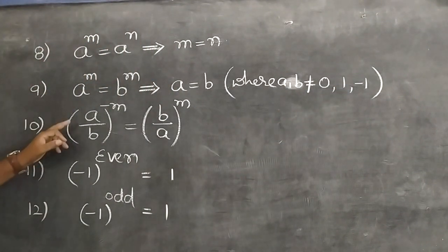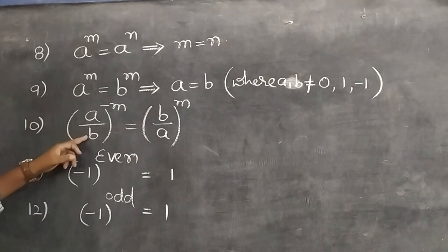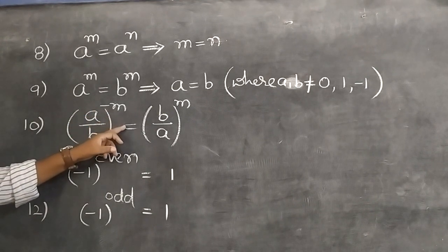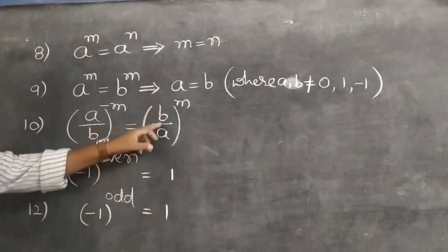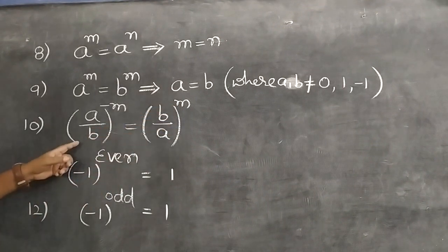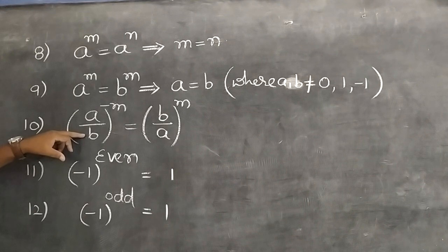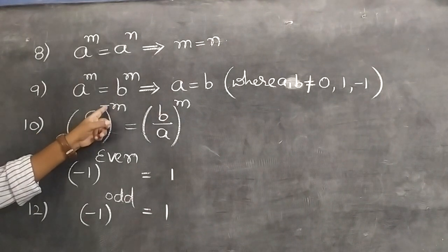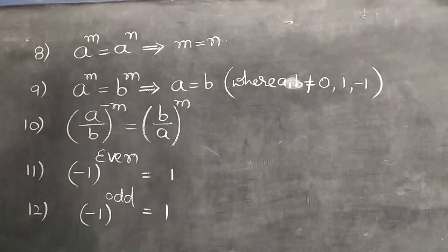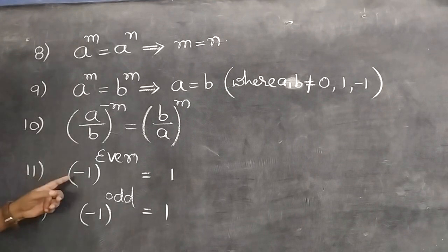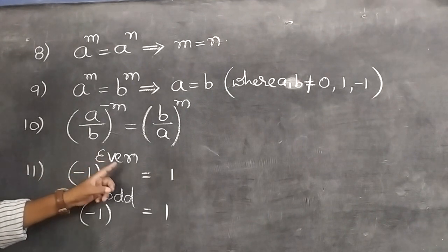Next, A upon B whole power minus m equals B upon A whole power m. If it is in negative exponents, interchange the numerator and denominator, and the exponent automatically converts into positive. Next formula: minus 1 whole power even number equals 1.